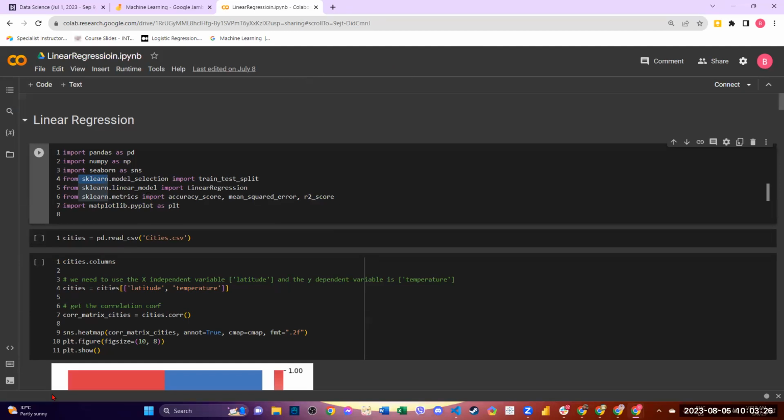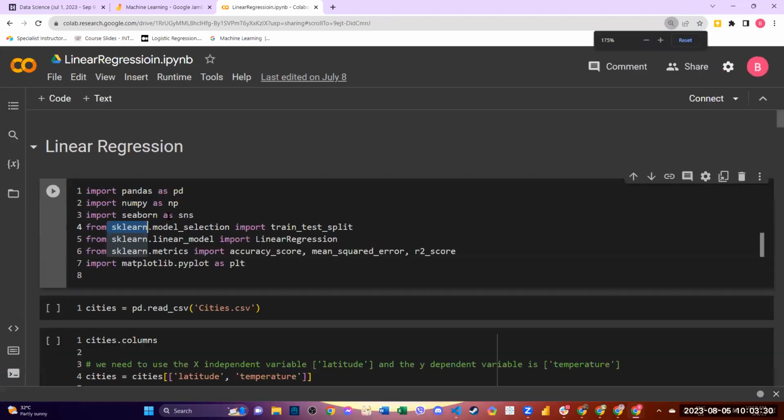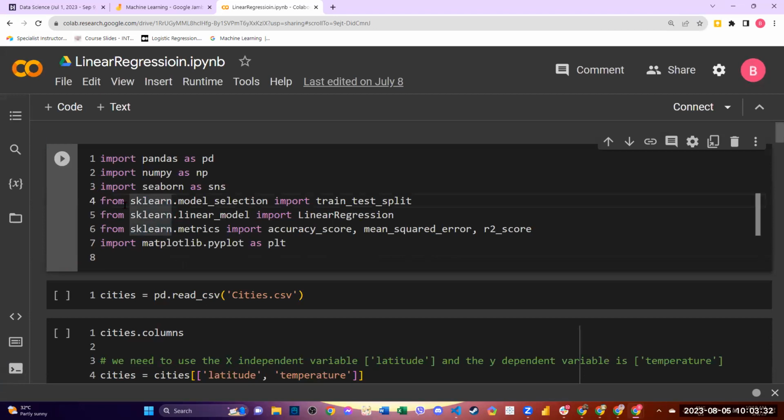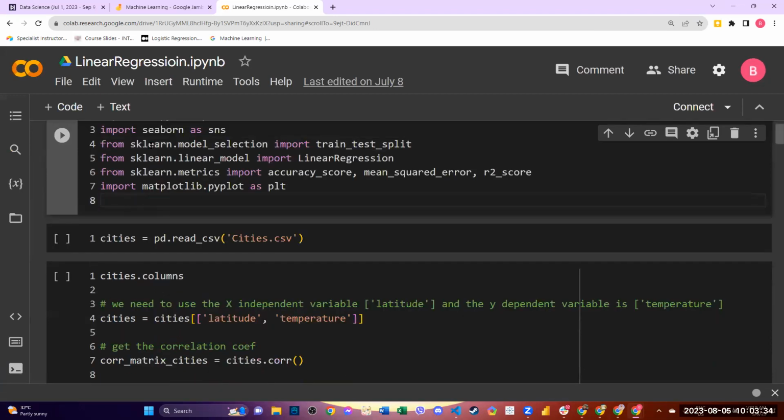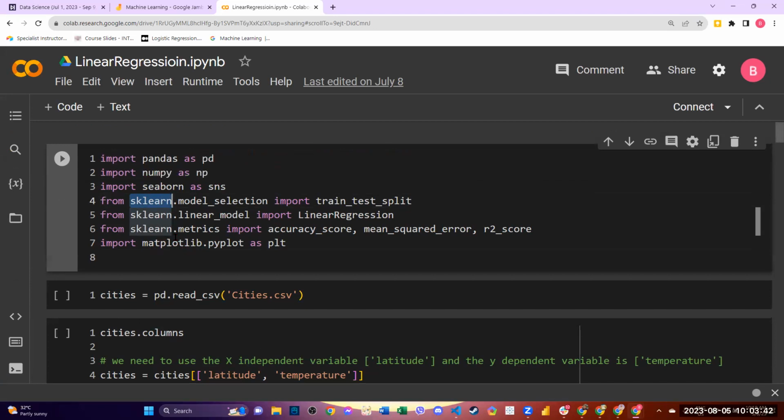All right. So here, remember that we will be implementing sklearn. Most of the time, when I see job postings on LinkedIn and also on JobStreet, people are looking for data scientists that have experience with sklearn.